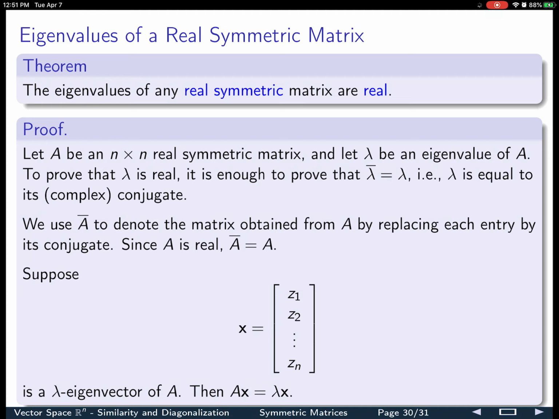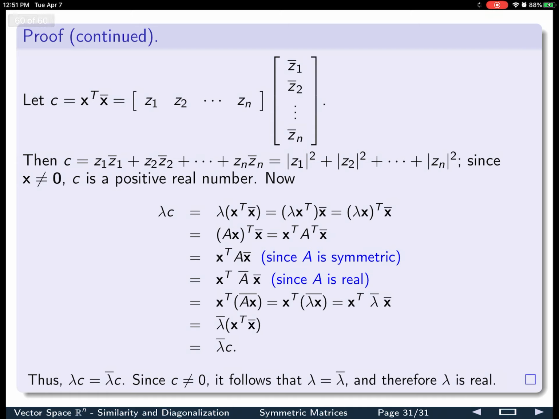We look at this eigenvalue-eigenvector equation, Ax equals lambda x, and look at the dot product. Well, it's kind of a dot product. You're taking the dot product with x and its complex conjugate. What do you call that? I feel like there's a special name.